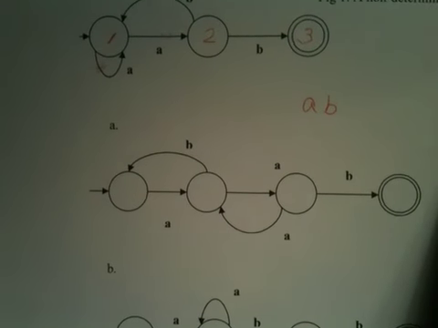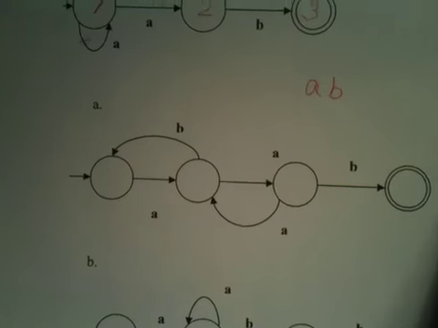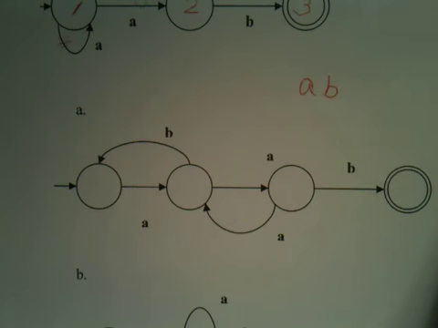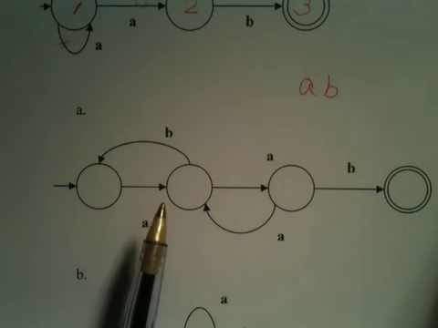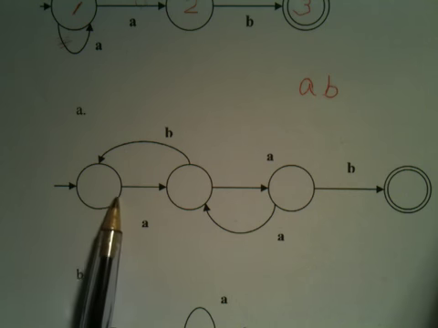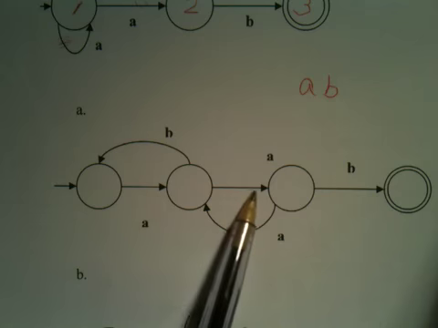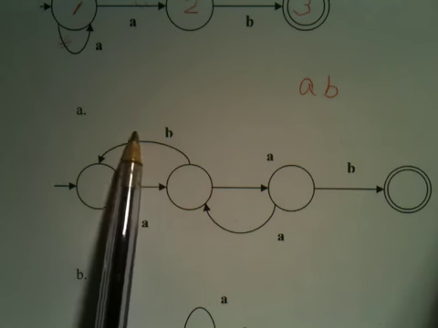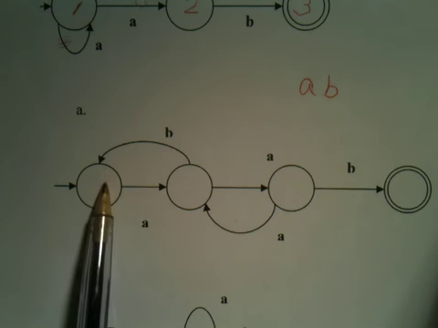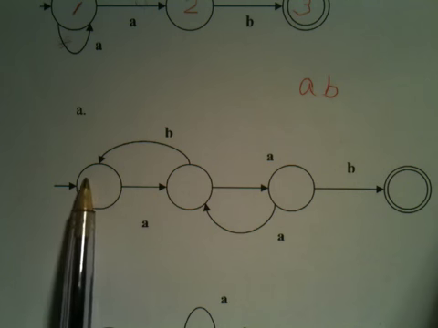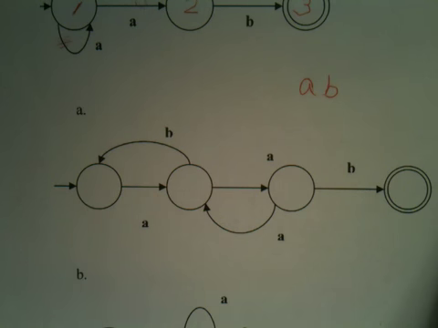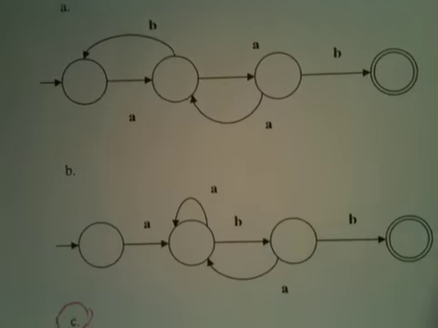The first one, immediately you can see, doesn't accept AB because if you go A, there's no transition for B. Let me carry on. Here, there's one A and B is okay, but this is not a hold state. So AB is not accepted by this one.